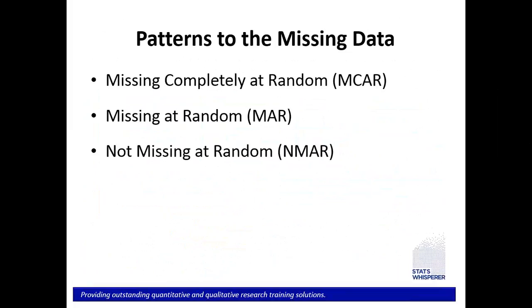That's the one that presents the least amount of challenge. Then there's missing at random, MAR, the middle amount of challenge. And lastly, the one that presents the most challenge is not missing at random, NMAR. Let's define each of those and give an example of what they are.